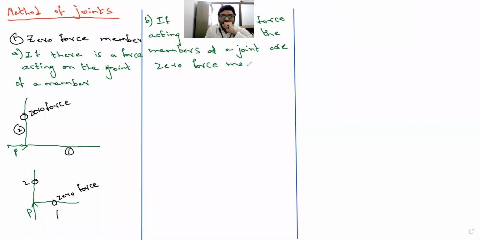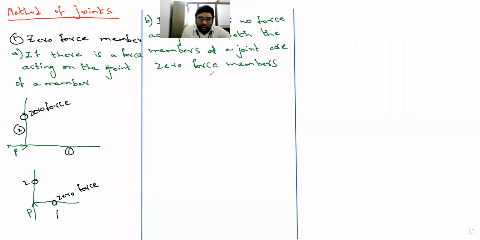So what does this mean? Let me try to sketch it here. Say for example, I have a truss like this, and there is no force acting. So in this case, this is 1 and this is 2, and both are zero force members because there is no force acting. This is a very important concept that we need to know.